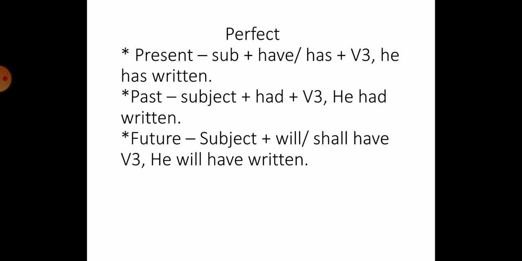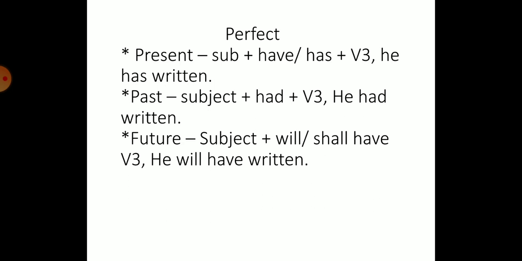So the past participle of write becomes written. I will say he has written. The next one, subject plus had plus the verb's third form once again, which makes my answer he had written. The future: subject plus will or shall, then have, and then the verb's third form, that is the past participle. And so my answer is he will have written.